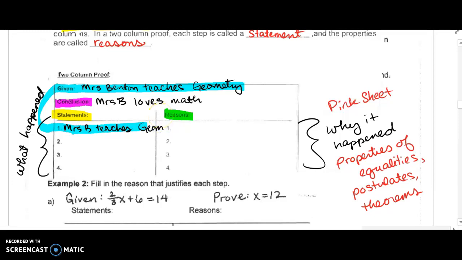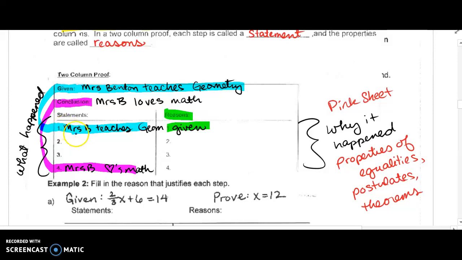And your very first reason is always given. My mistake, your very last statement is your conclusion down here. So we're trying to prove Ms. B loves math.